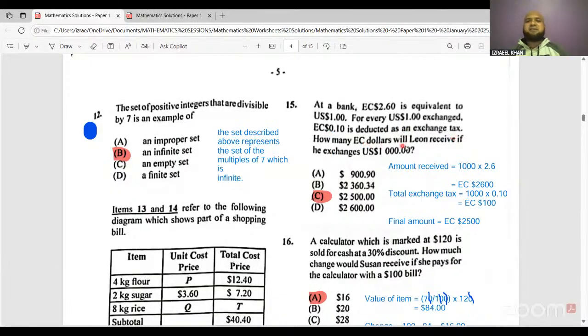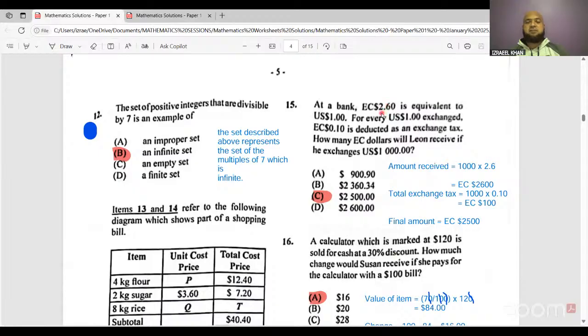So how many EC dollars will Leon receive if he exchanges 1,000 US? All right. So the bank is obviously charging us for converting our US into EC.